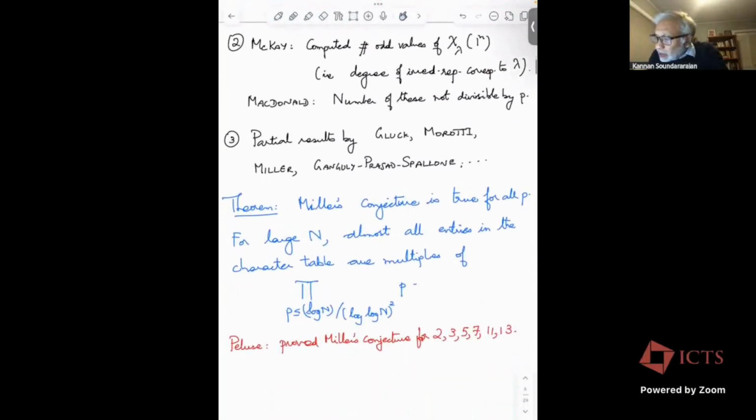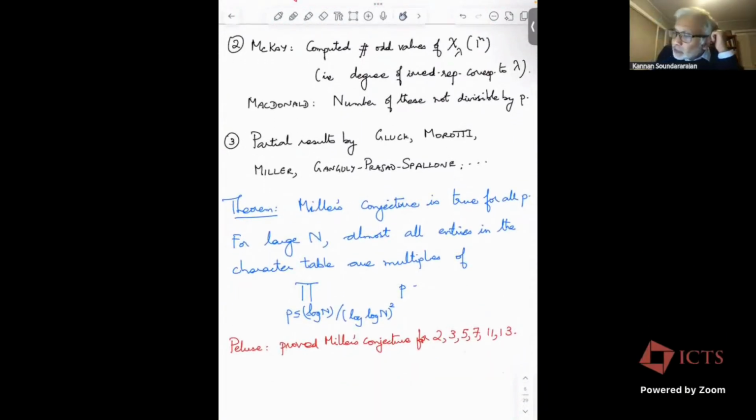Now, there are other special situations in which people had studied this even much earlier. John McKay had computed the dimensions of irreducible representations. So this is the character value evaluated at the identity permutation. And here he could compute exactly how many of them are odd. And the proportion of these that are even tends to 1.